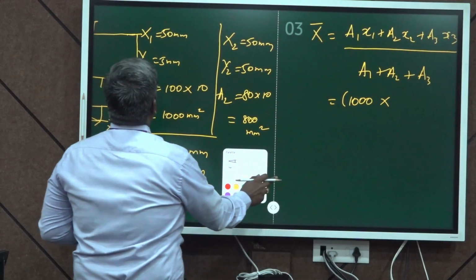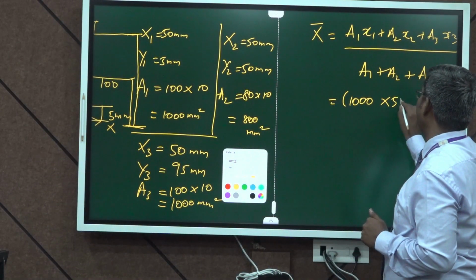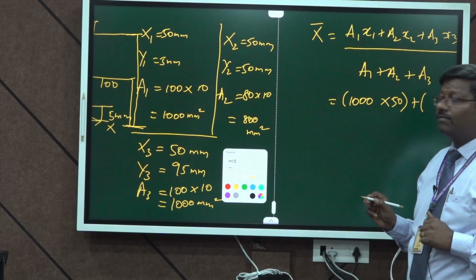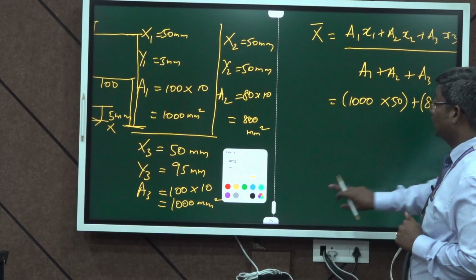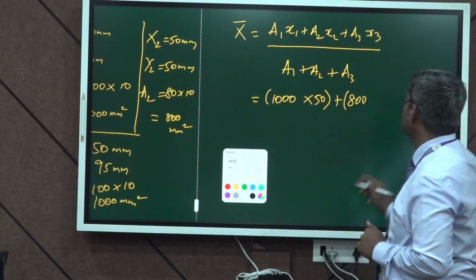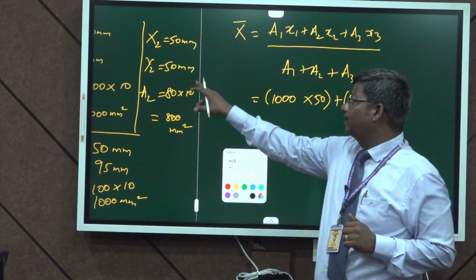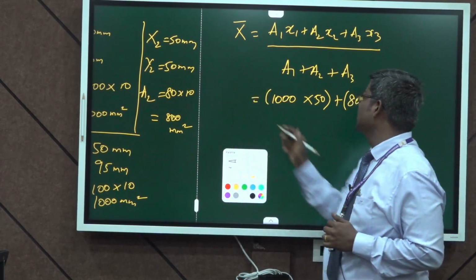The x1 value is 50 mm. So, substituting x1 as 50 plus A2, that is the area of the second portion, 800, and the x2 value for the second portion, that is the center of gravity about the x axis for the second portion, is 50 mm.